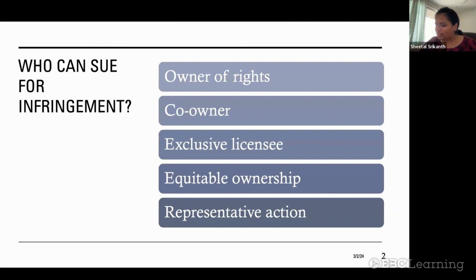So while exclusive licensees are usually able to bring an action for infringement, for passing off, for instance, which is a right that arises under common law, it's not possible because it's a statutorily created right to bring legal action. And in some cases, courts have allowed representative actions to be brought, notably through trade associations, including through the British phonographic industry.